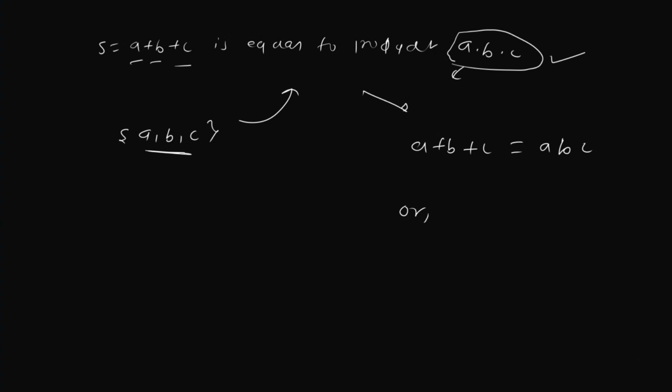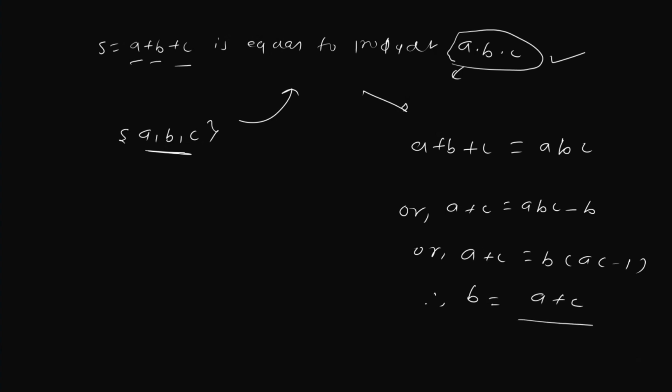Let's find the value of one thing: a plus c equals a b c minus b. Or a plus c, we can have b as a common factor, a c minus 1, and therefore b would be a plus c upon a c minus 1.